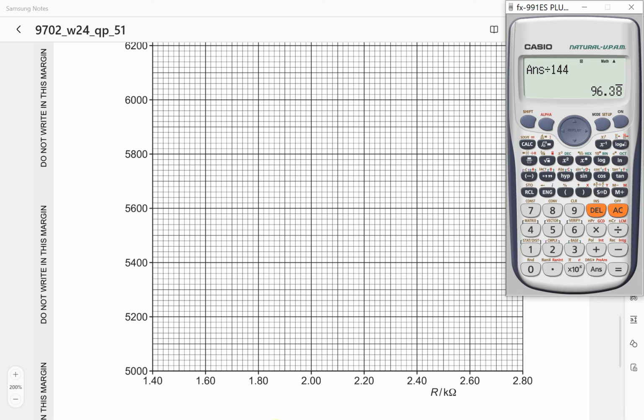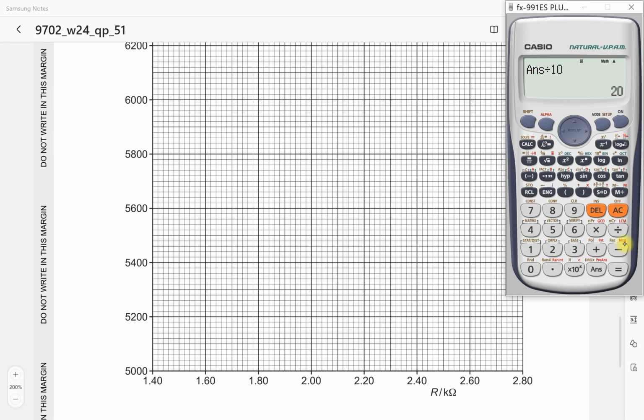The only problem is looking for 5150. So the scale on the vertical is 200 divided by 10. It means each of these boxes is 20. 5200 minus 500 divided by 10.